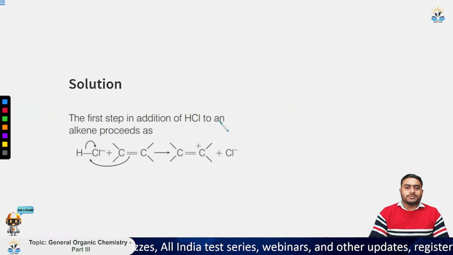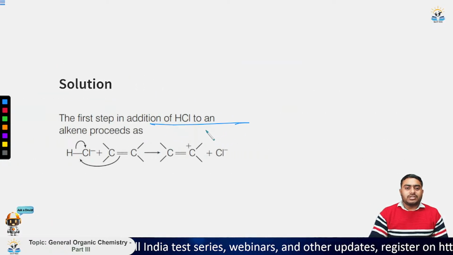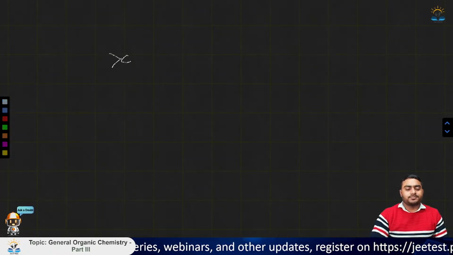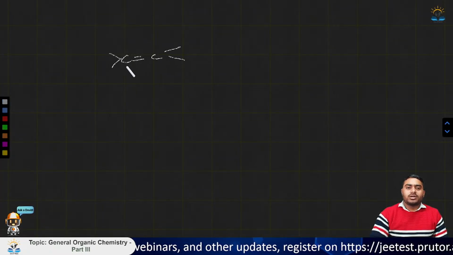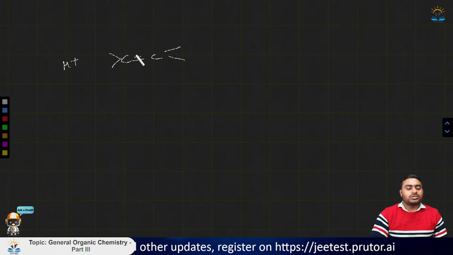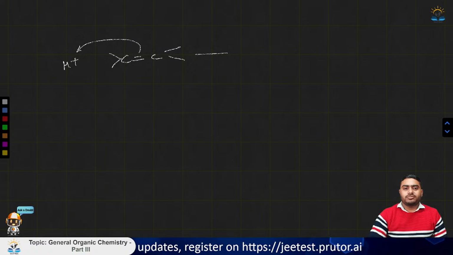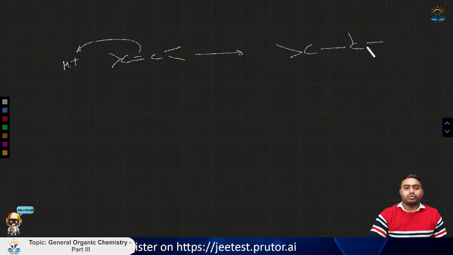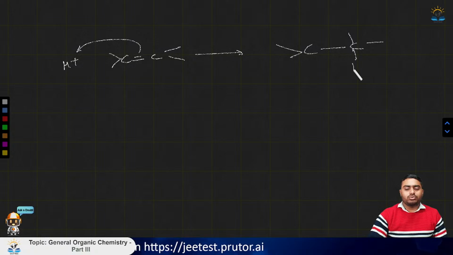So let's see the solution. The first step in the addition of HCl to an alkene proceeds as follows. You can see here, this is the alkene. This is H positive, so it will attack and attach to this carbon, and this carbon will get a positive charge.